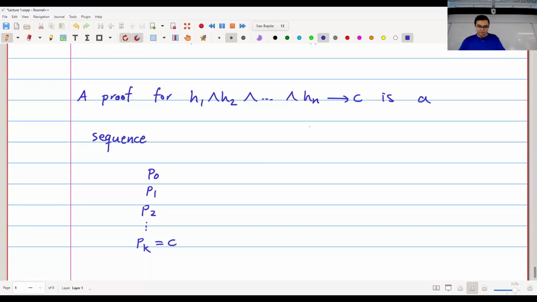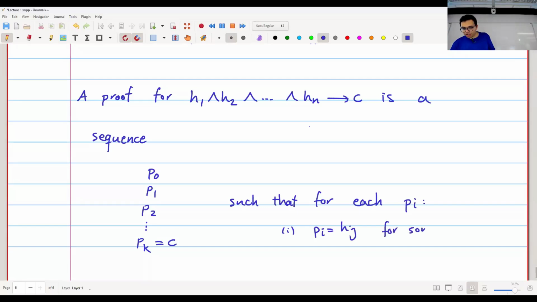Such that for each Pi, I have one of these two cases. Either Pi is one of my hypotheses, so Pi equals Hj for some j, or Pi can be obtained from the previous things that I have written in my proof.